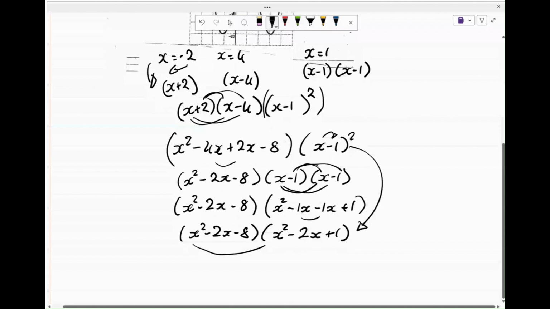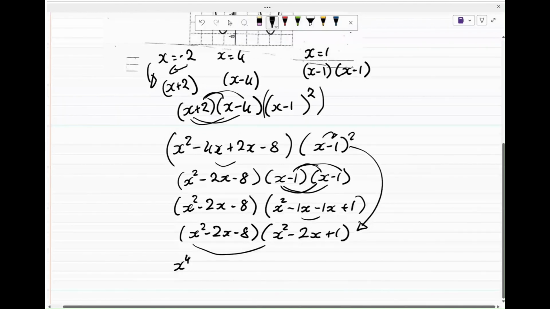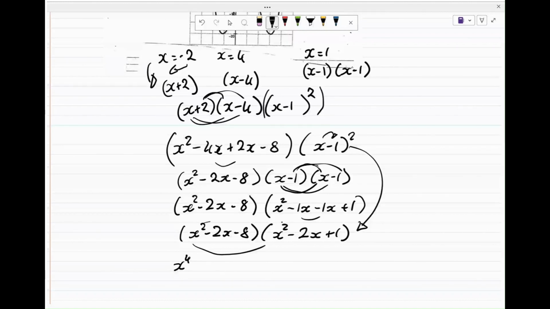But we'll keep going. x squared times x squared, x to the 4, because you add your indices. x squared times minus 2x is minus 2x cubed. You add your indices again. So imagine this was 1. x squared times 1 is just x squared.